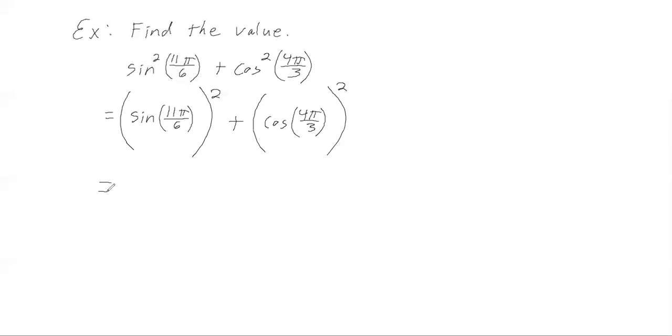Let's look at this sine of 11 pi over 6. Off to the side, get some scratch work. 11 pi over 6. I don't know where that belongs. So I could convert that to a mixed number. What is that? 1 and 5/6 of a pi? Think about where I'm at now. Here's pi. Here's 2 pi. Here's 3 pi over 2.